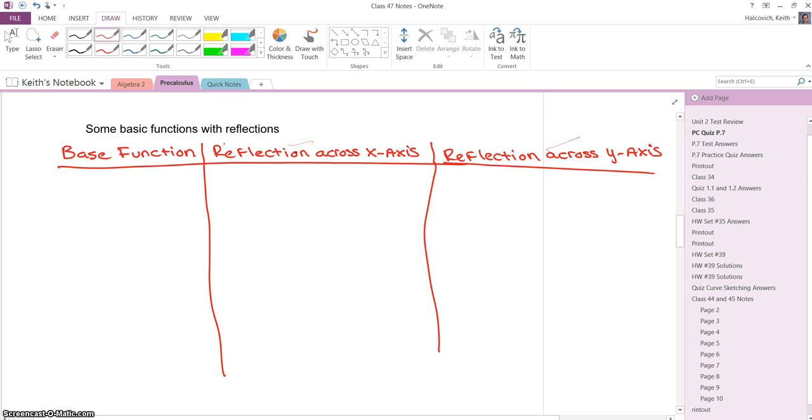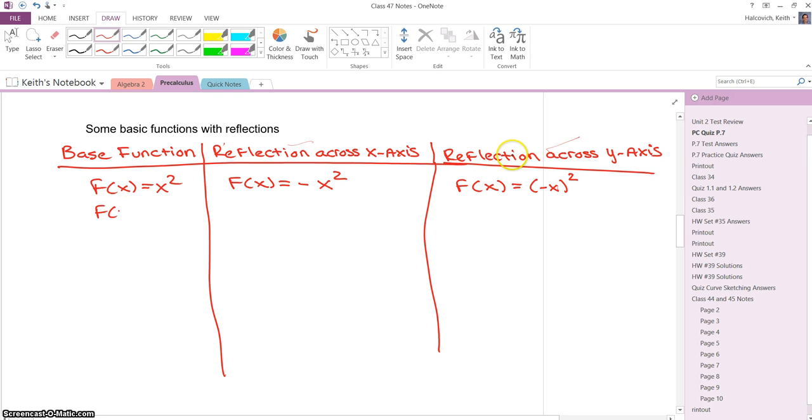So you have the base function f of x equals x squared. If we wanted it to reflect across the x-axis, which means the negative is on the outside, it would look like that. If we would want to reflect it across the y-axis, the negative would be in the parentheses and we would square it.